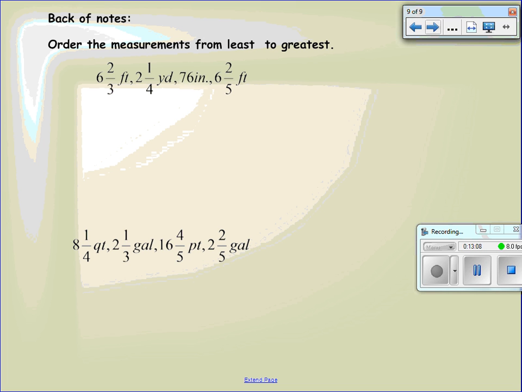So convert them to a similar unit of measure, then compare and put them from least to greatest in their original format. The same with the second unit of capacity. I would put them all in gallons, compare, then order them from least to greatest. I'm going to pause the video and come back and check our answers after I have converted them to the same unit, and then I'll put the answers back in their original format.